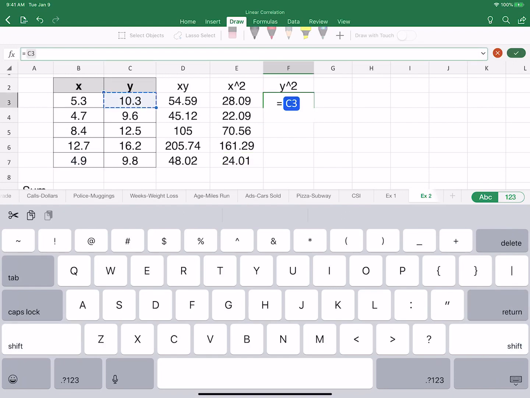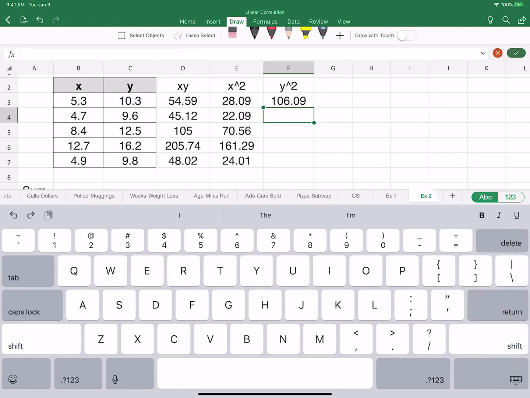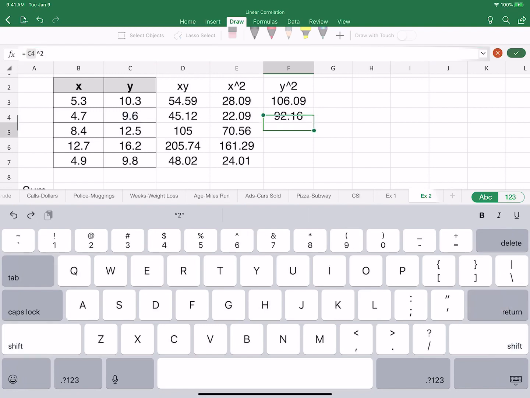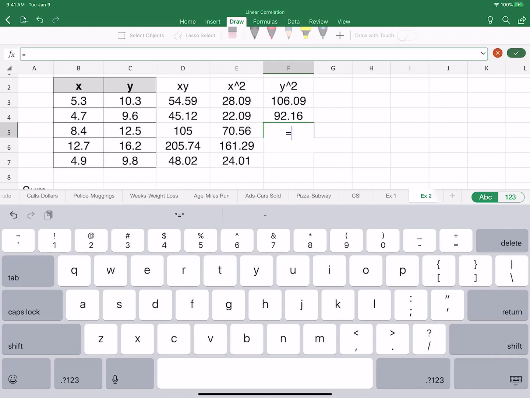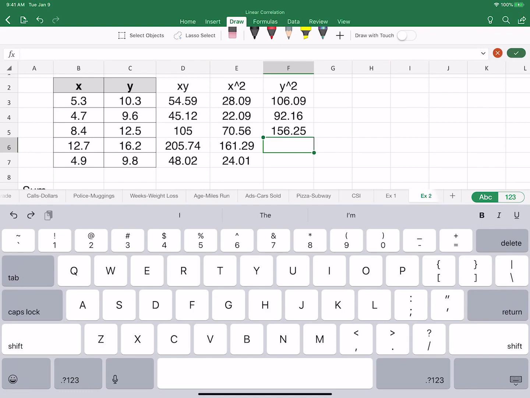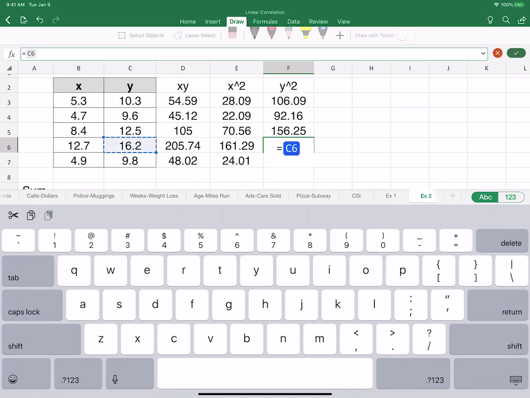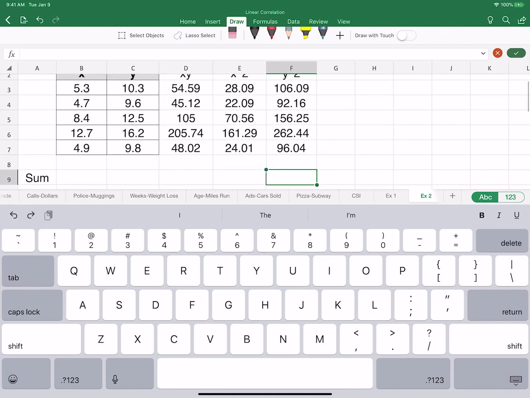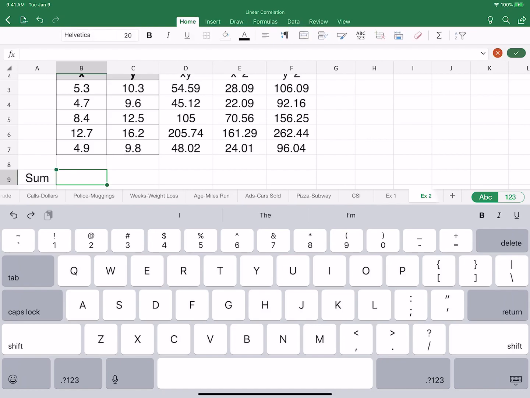Now the y variable, raised to the second power, equals that y variable, raised to the second power. All right, you guys okay with that? Now, hopefully we did it all okay. We need the sums here, so we have to put in the summation formula.